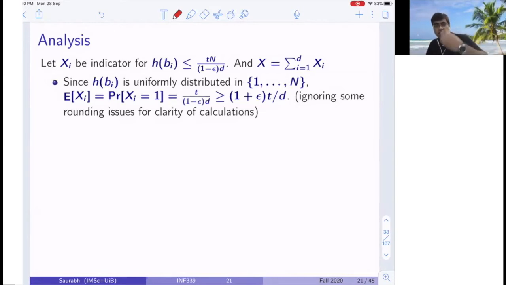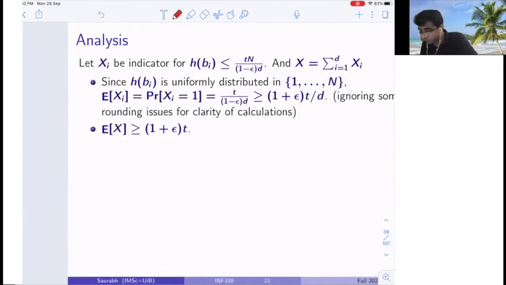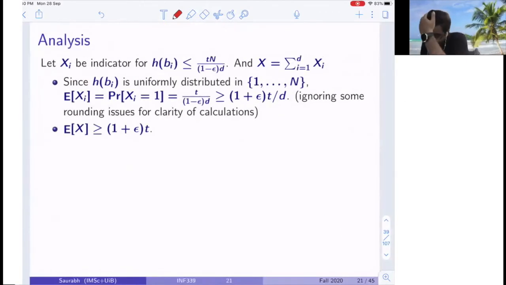Now, by applying that 1 by 1 minus epsilon is at least 1 plus epsilon, you can get that the expectation of xi is 1 plus epsilon t over d. What is more important is how the analysis is done, not what the real numbers are. Now what is the expectation of x? Expectation is the summation of xi, so it is at least 1 plus epsilon t.